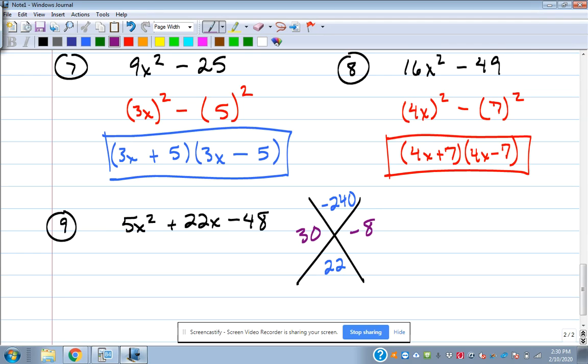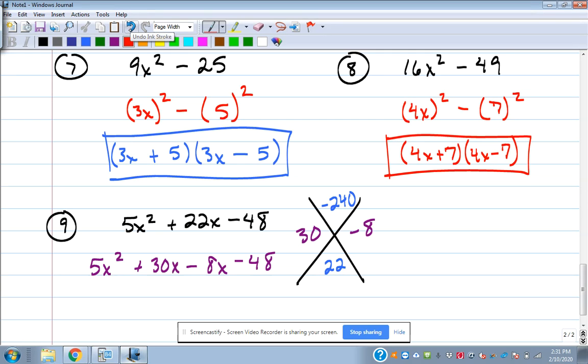Can I take my shortcut on this one? No. There's something else in front of x squared, so I can't do that. I've got to go through the steps. Instead of putting 22x, I'm going to put plus 30x minus 8x in the middle.